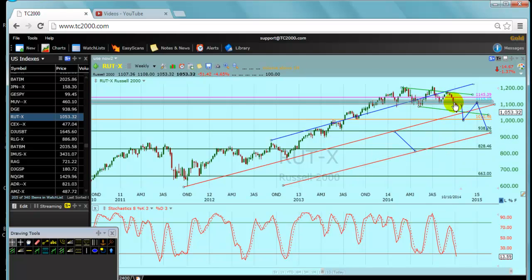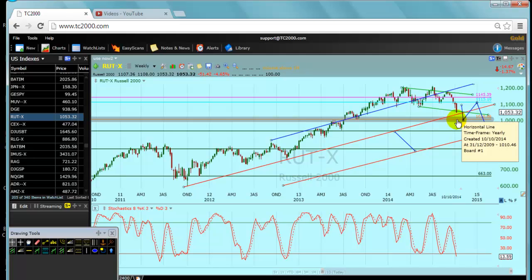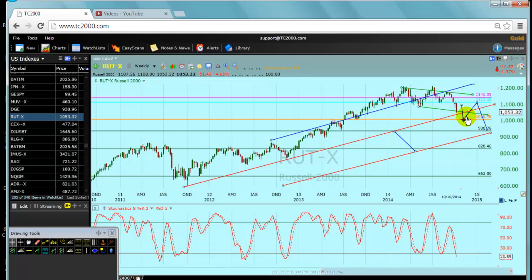So we want it to come to the orange line and to find a support to go back and retest the 1115, the short-term equilibrium price level, and then to continue to go down near the level of 938 and the edge of the second red line, which is the projection of the top channel.